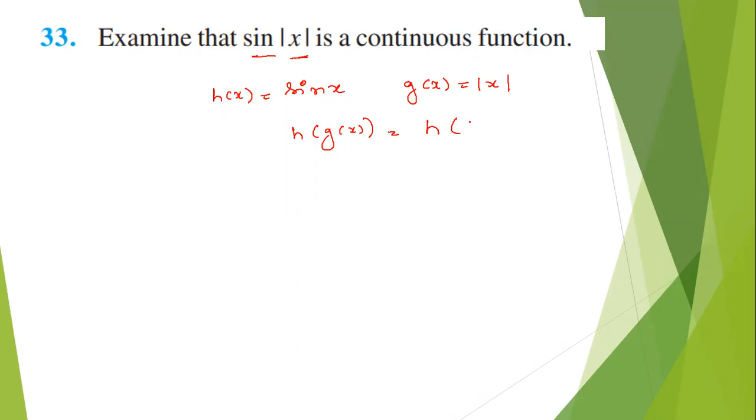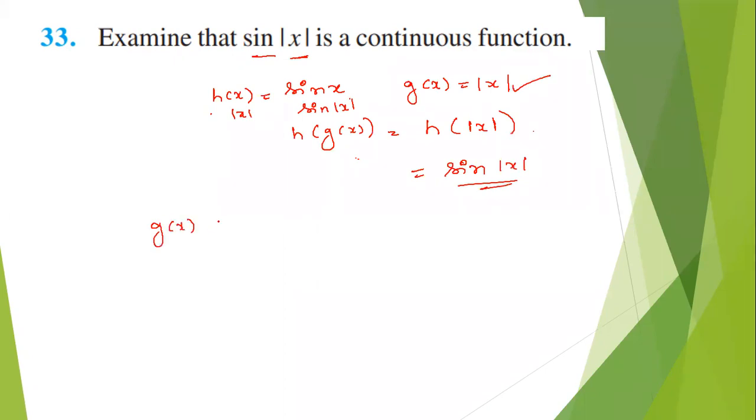H of modulus of x, g of x is nothing but modulus of x. So h of x is sine x. So h of modulus of x will be sine of mod x. So we know this is continuous.